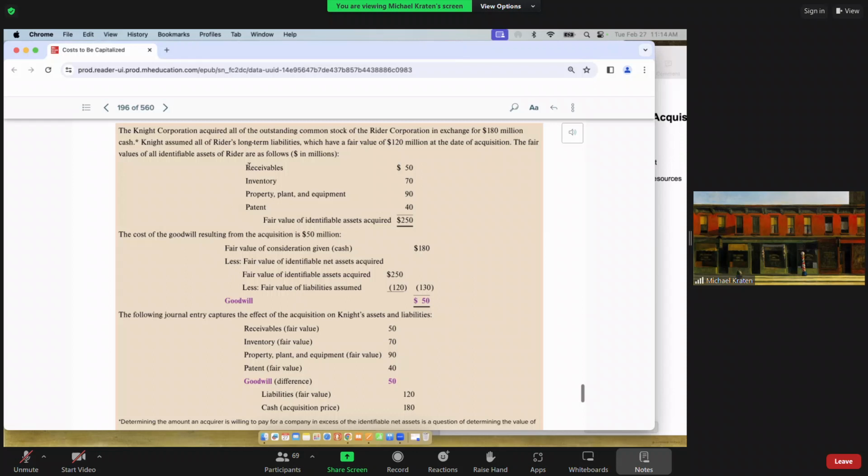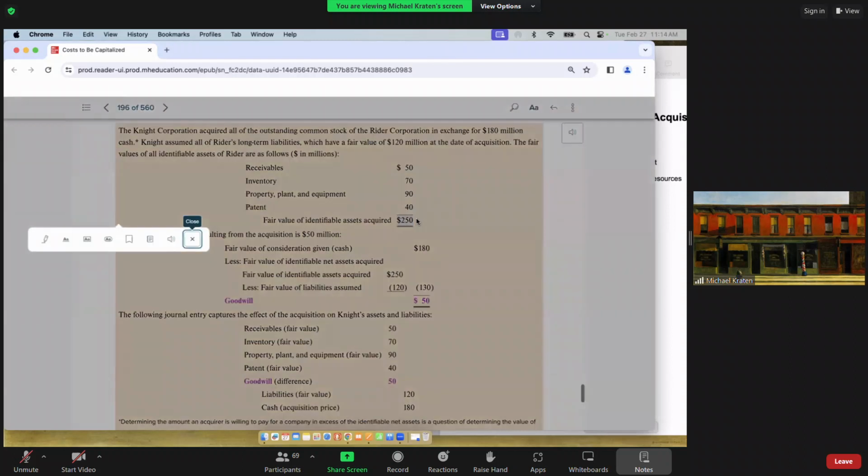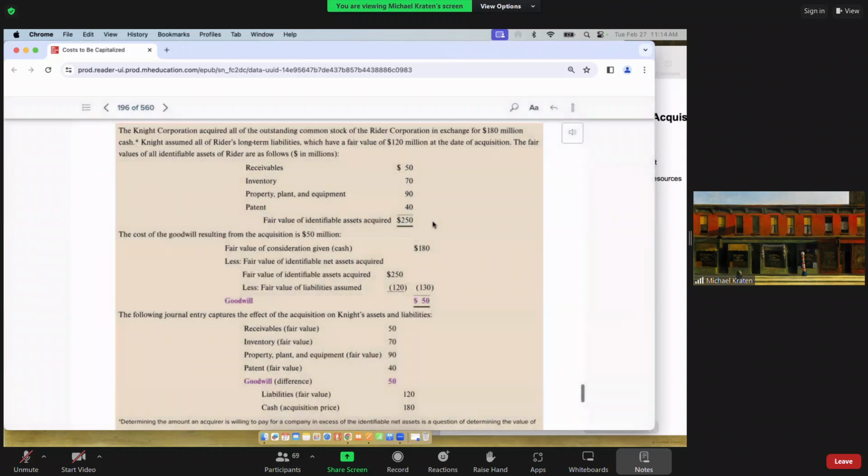And so here, now I gave simpler numbers, but here's simpler numbers. I am buying some other company. The other company has assets, $250 million worth. Well, for the sake of simplicity, let me just say 250. Company says to me, however, hey, if you're going to buy the assets of this company, you also have to pay the liabilities of this company.